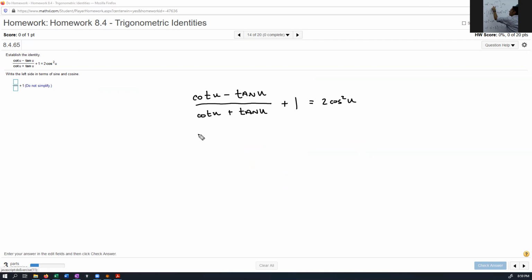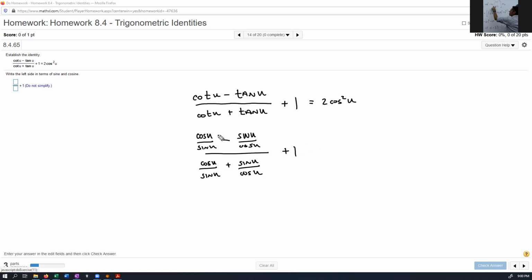We've got cosine u over sine u minus sine u over cosine u over cosine u over sine u plus sine u over cosine u plus 1.